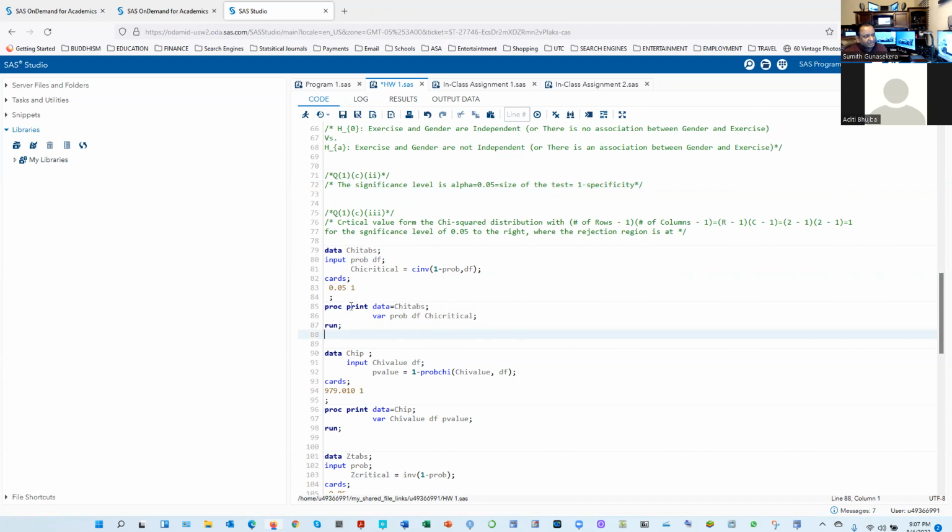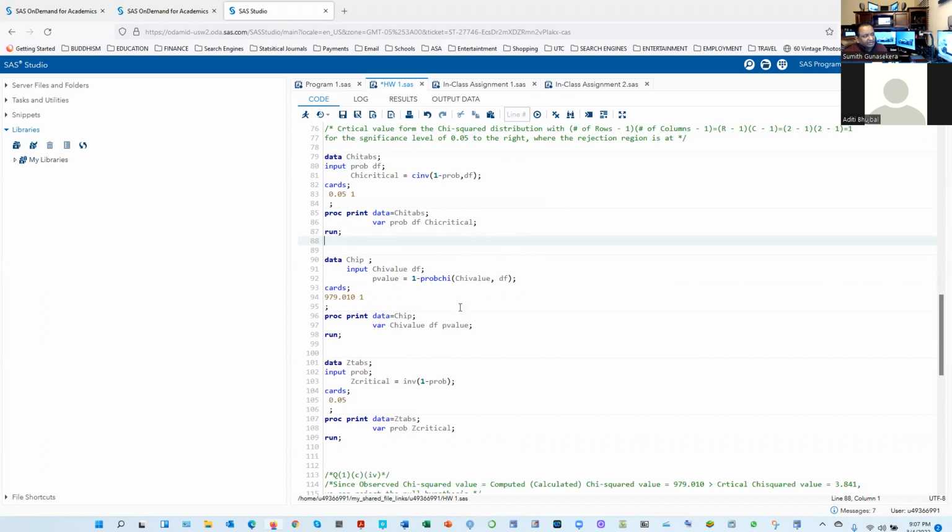On the other hand, if you wanted the p-value, you have to give the chi-square value and degrees of freedom.